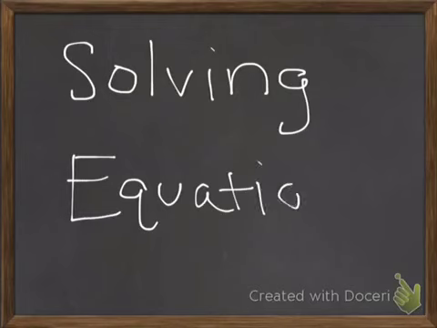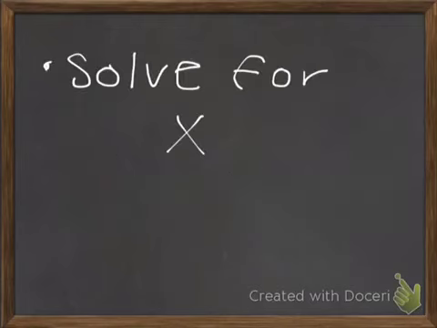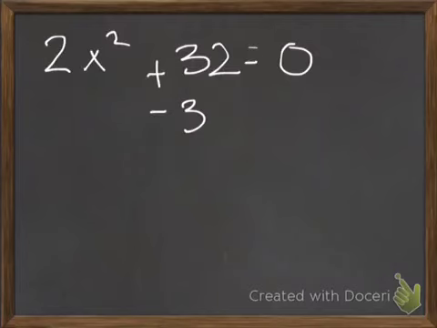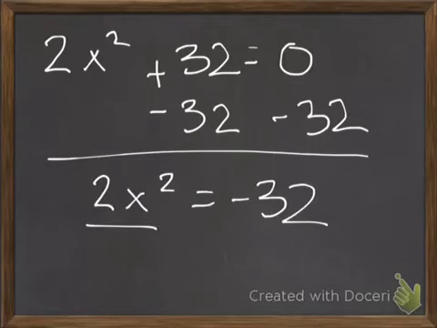Now we're going to move on to solving equations. To solve equations, just solve for x. So in this equation, we're going to use 2x squared plus 32 equals 0. So we're going to subtract 32 from both sides. So you get 2x squared equals negative 32.